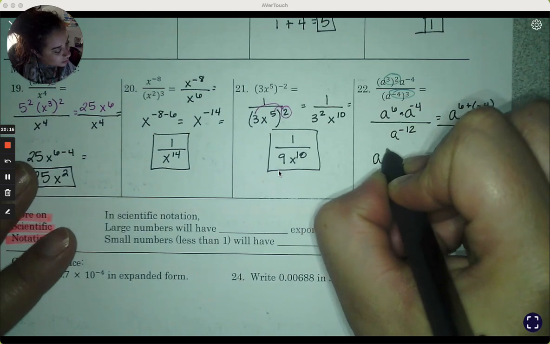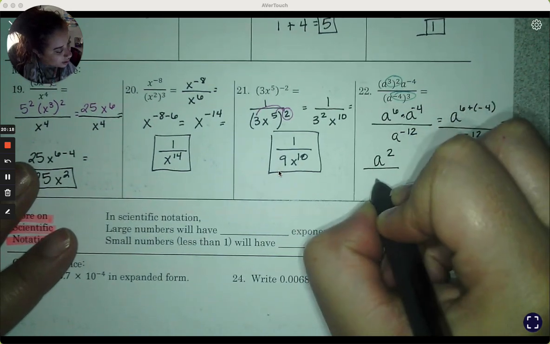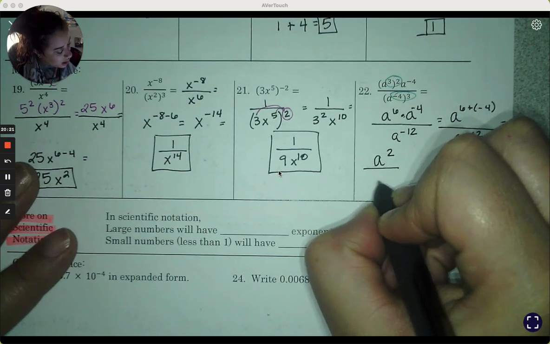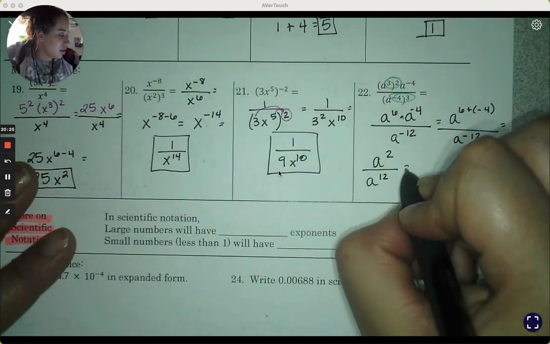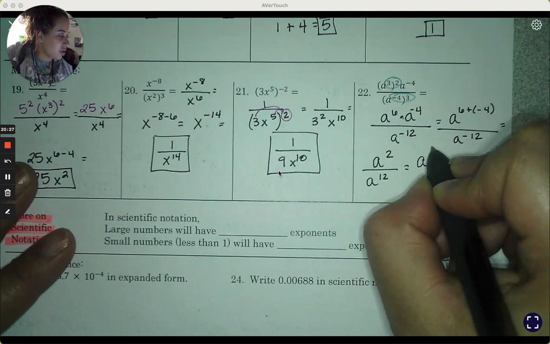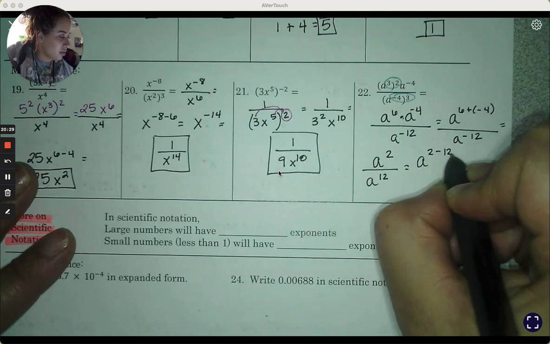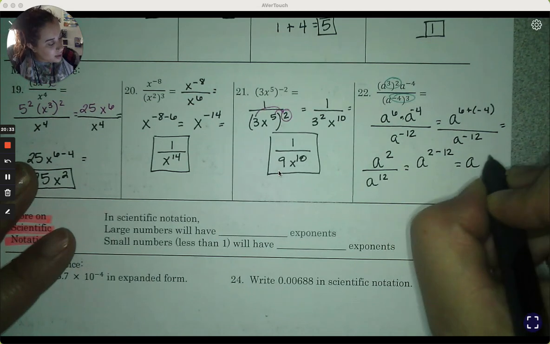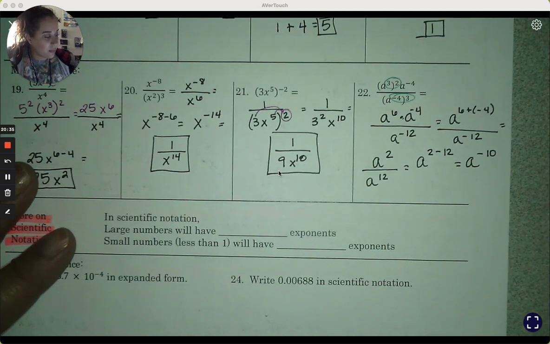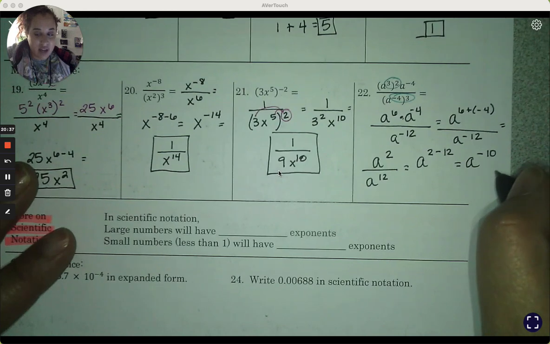So a squared over a to the 12. We're dividing. So we have a to the 2 minus 12, top minus bottom, equals a to the negative 10. We have a negative exponent, yeah?